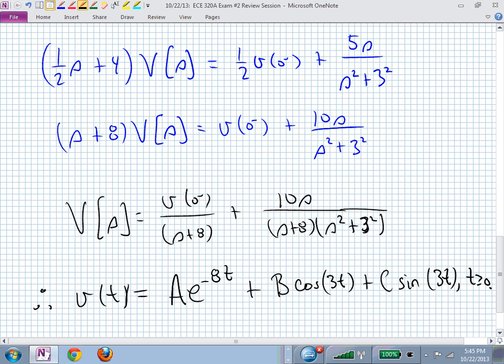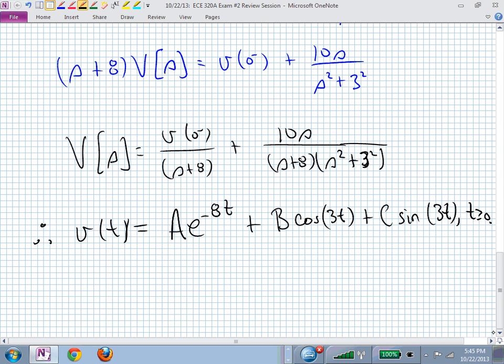Or if you wanted to, and it would be a correct answer, you could say, I would like to just write that as a e to the minus 8t plus some b bar cosine of 3t plus an angle theta. And that's equivalent. That's fine. That also would be an acceptable structure for the answer. What I'm after in your structure is this, minus 8.